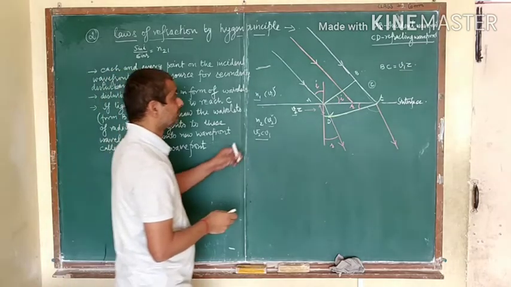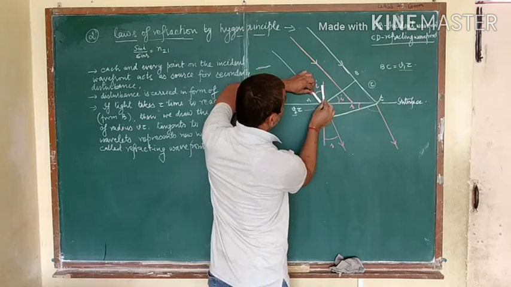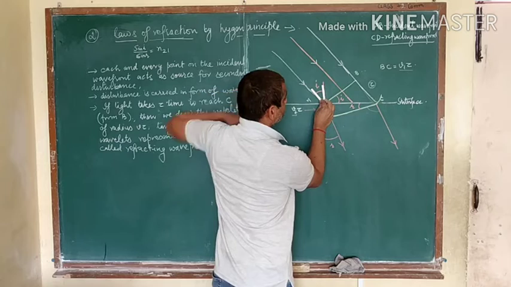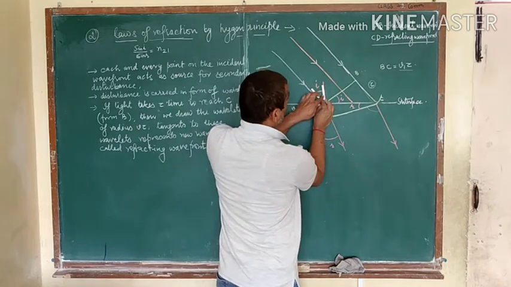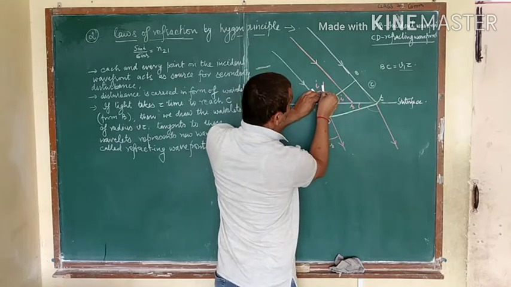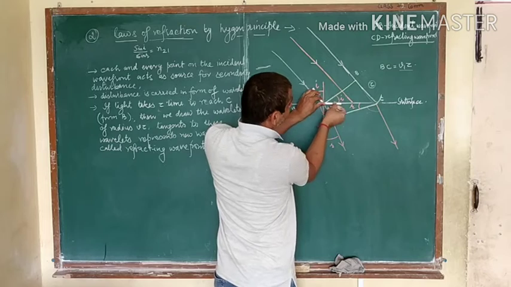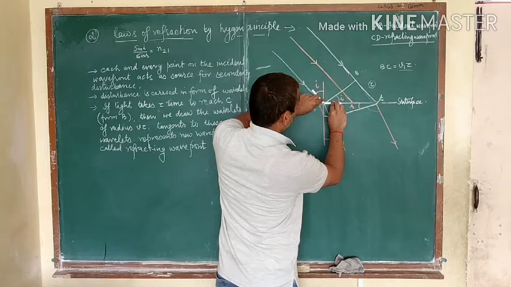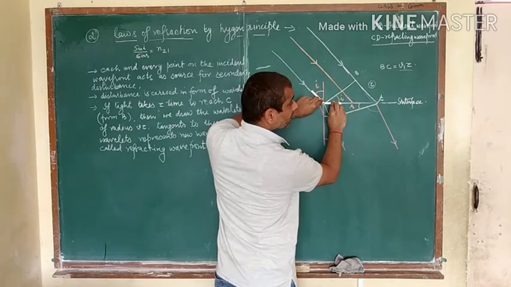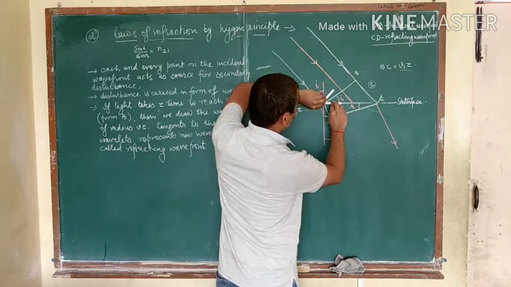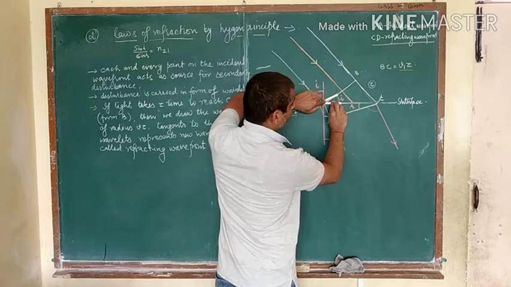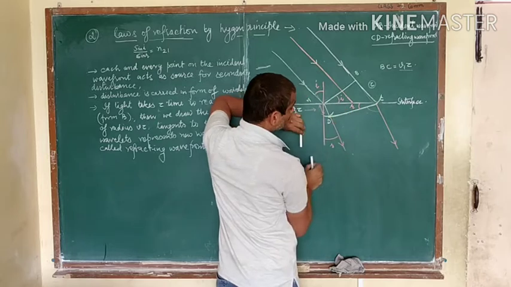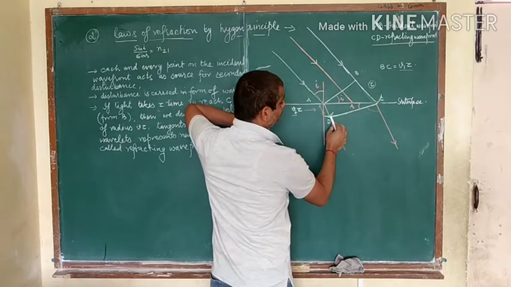So see here, these are two lines, and this is your incident angle. What is perpendicular to the normal? This line. And what is perpendicular to this line? The wavefront. This is your direction of incident light, and this is the normal to the wavefront. So this angle is your angle of incidence. Similarly for this, this is your wavefront and this is your incident ray.